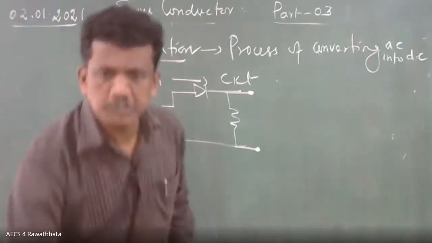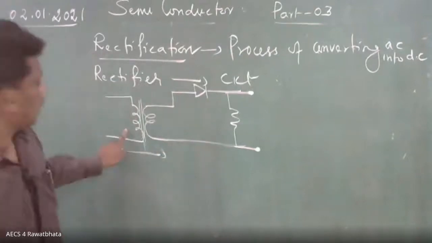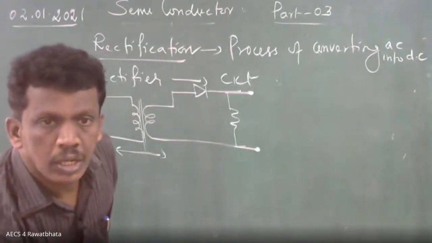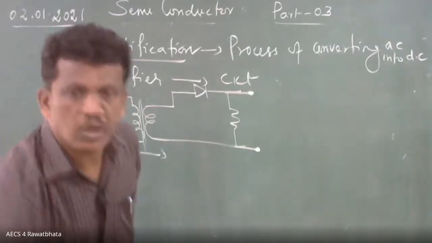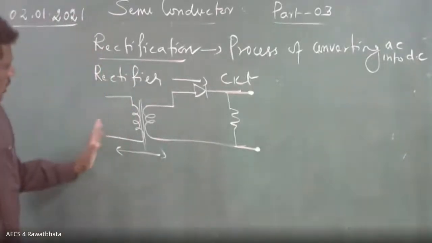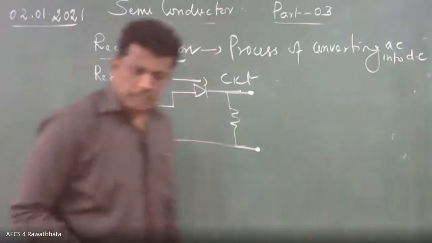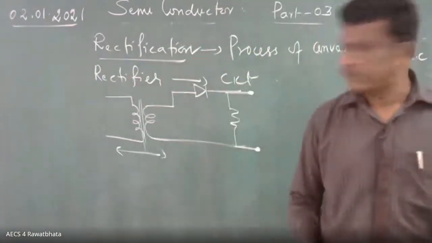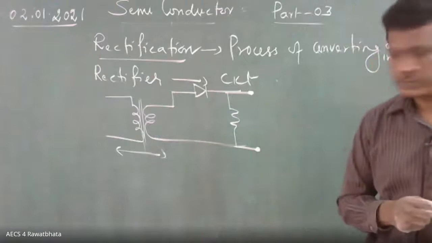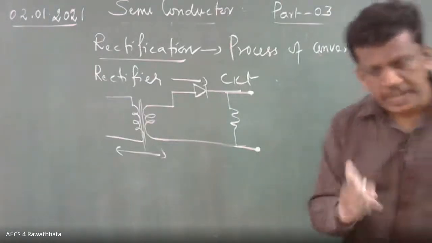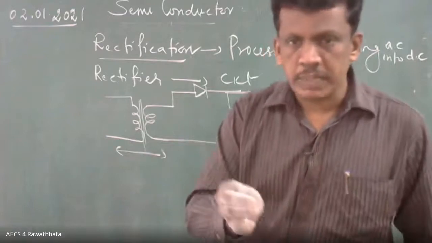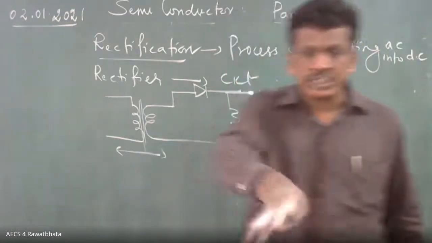All are able to see the circuit? Transformer. Yes, very good. Transformer. Okay. Whether it is step up or step down transformer. Look at the diagram. Step down. Yes. Somebody responded. Okay. How do you know step down?